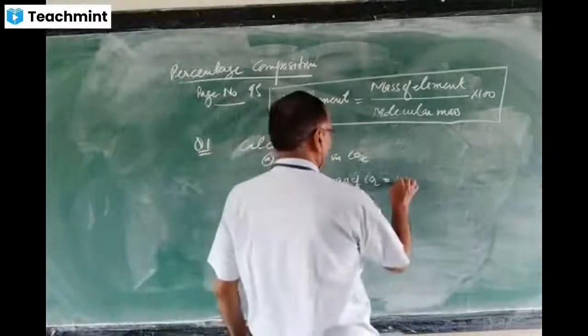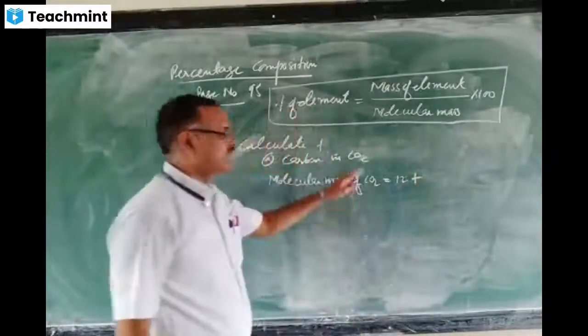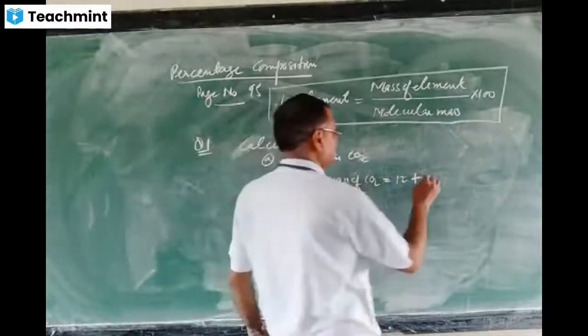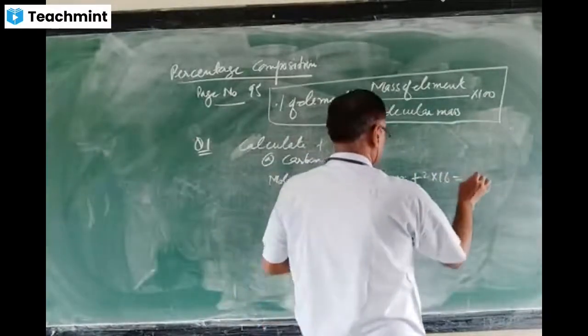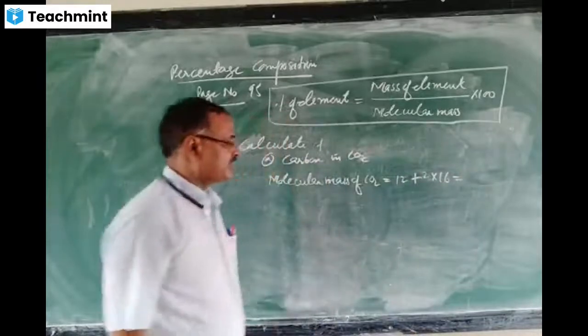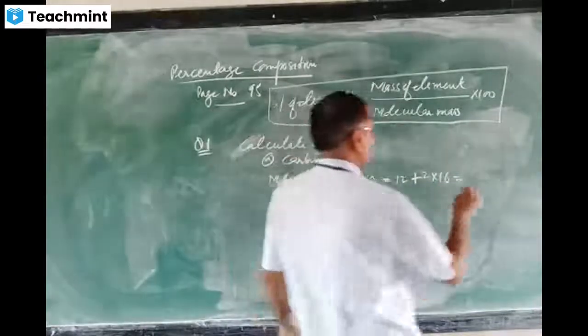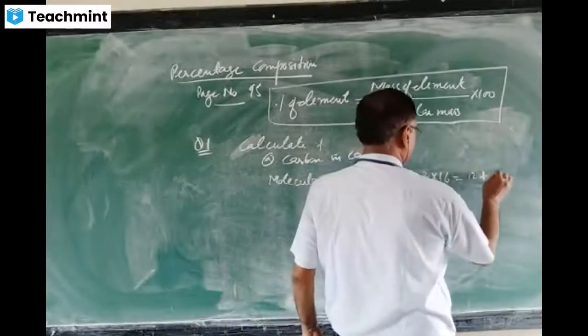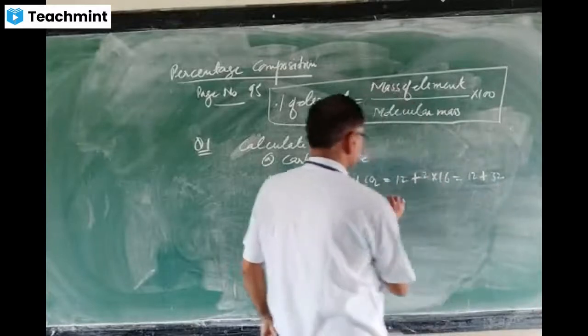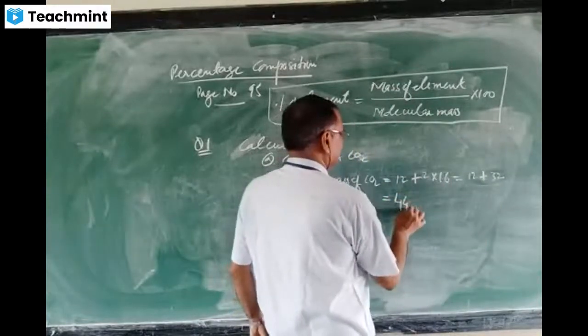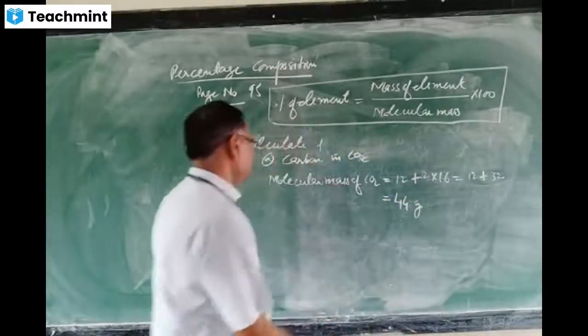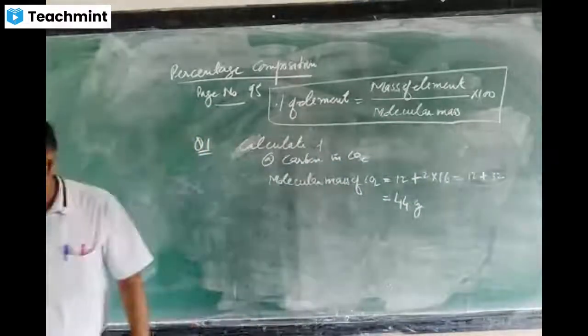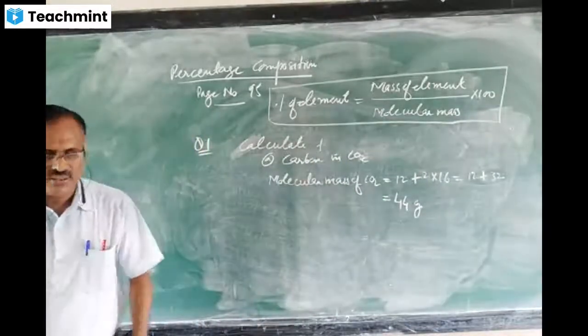So carbon 12, oxygen 16, 2 atoms are there, 2 into 16. Then 12 plus 32, you are getting 44 grams. So this is the molecular mass of carbon dioxide.